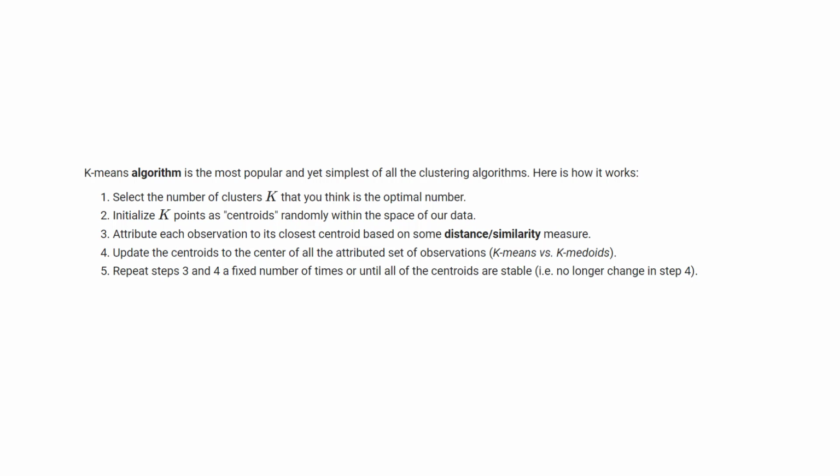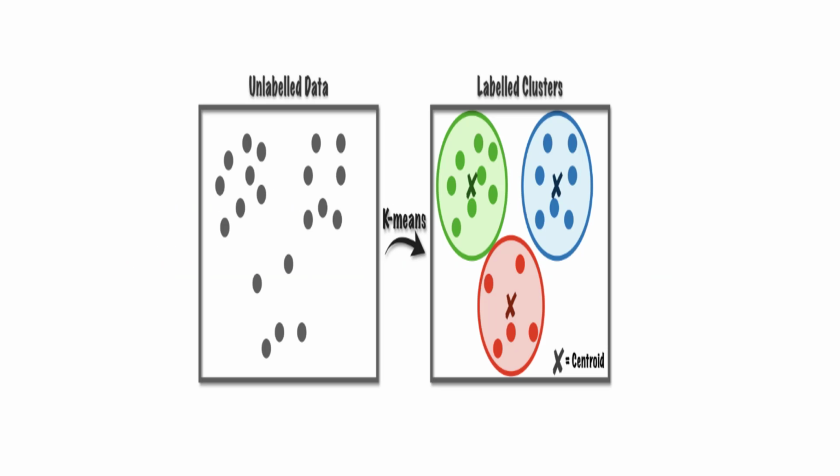Once we have done this step, we update the centroids to the center of all the attributed observations. Then we repeat the last two steps until all the centroids are stable. That means once you update the centroids, the location of the centroids does not change. So here is a picture.